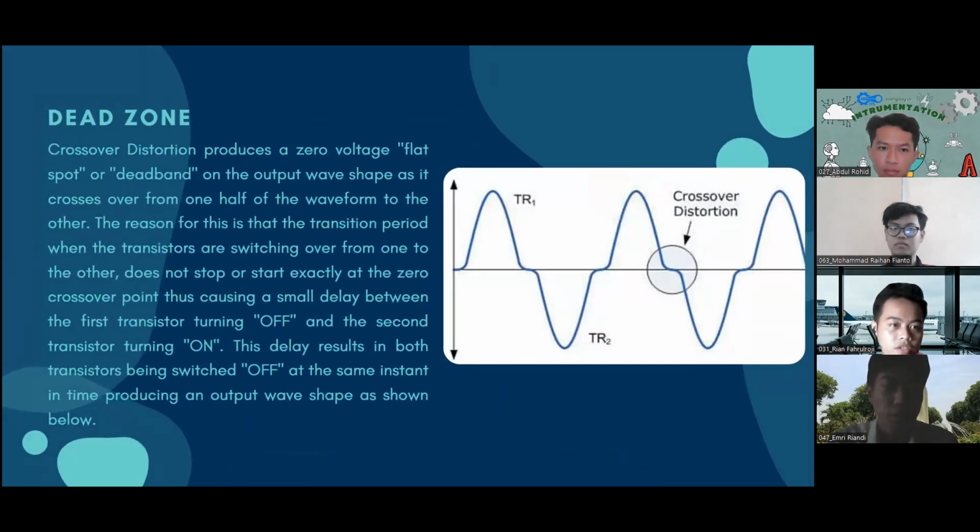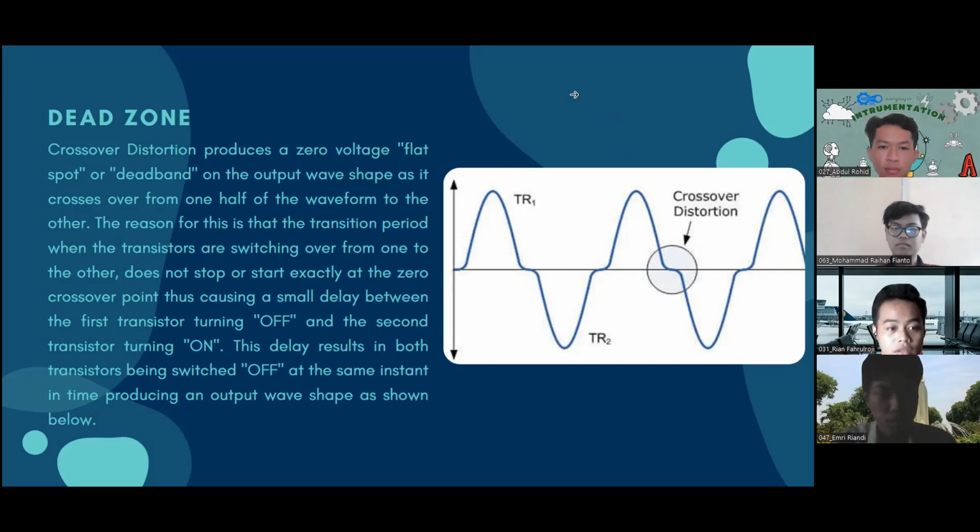So, the next one is the dead zone. Crossover distortion produces a zero voltage, or what we call a flat spot or deadband, on the output wave shape as it crosses over from one half of the waveform to the other. The reason for this is that the transition period when the transistors are switching over from one to the other does not stop or start exactly at the zero crossover point, thus causing a small delay between the first transistor turning off and the second transistor turning on.